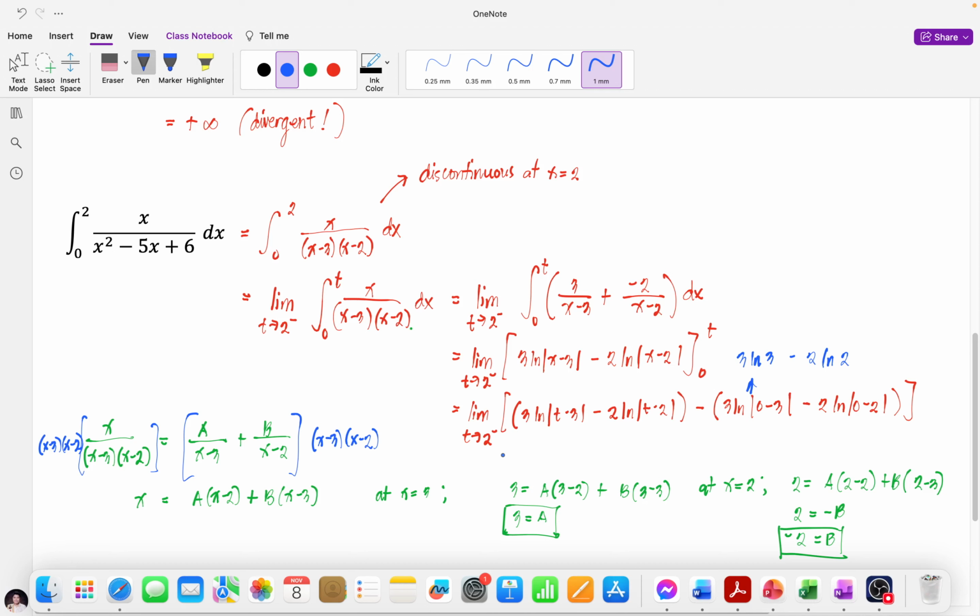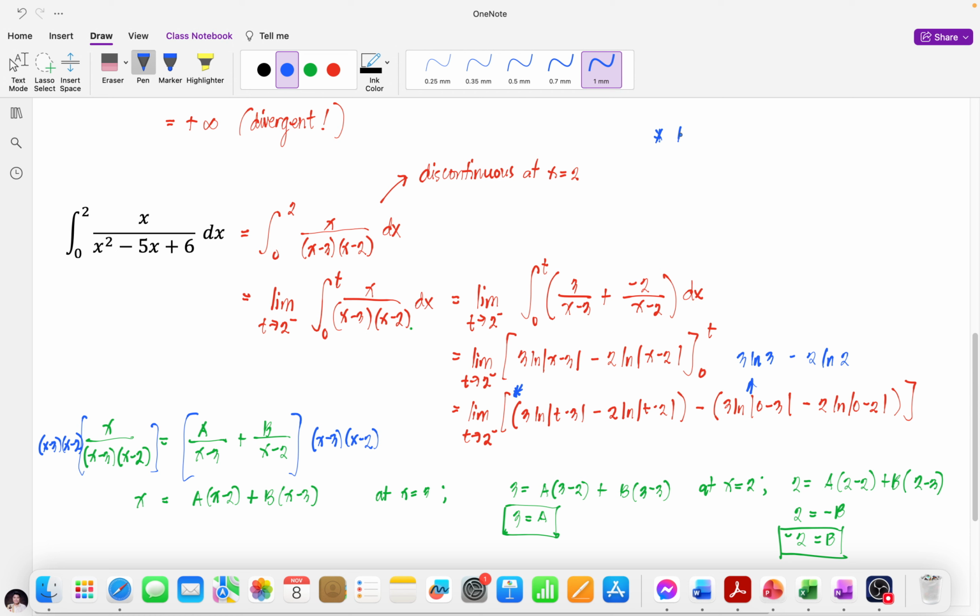Okay, so as t approaches 2 from the left here, this will become 2 minus 3. So let's take them one by one. First one is this.